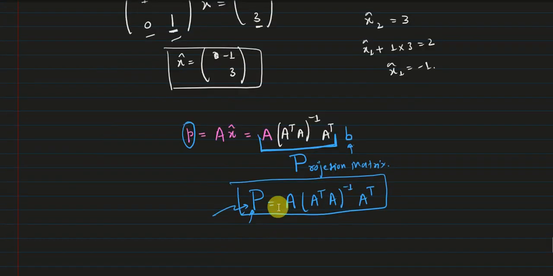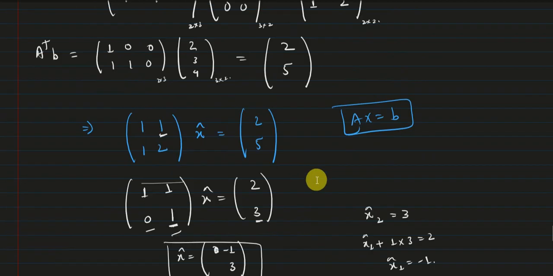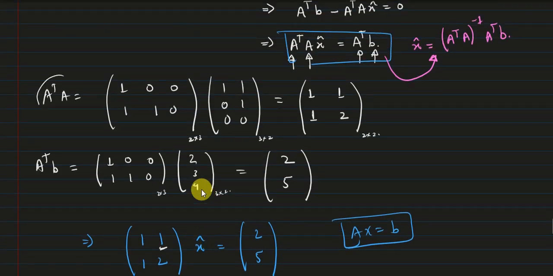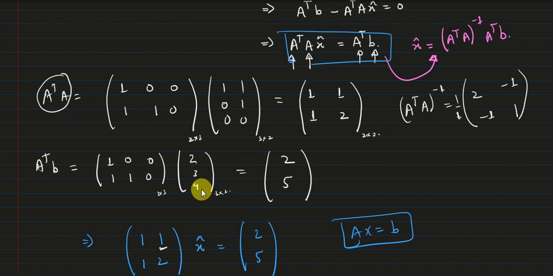First of all, let's find A transpose A inverse. We have already found A transpose A, so that is this one. If we find the inverse of this matrix, it will be 2, 1 and -1 on the top, and here 2 -1, that is 1, so 1 by 1. That is the inverse of this matrix.